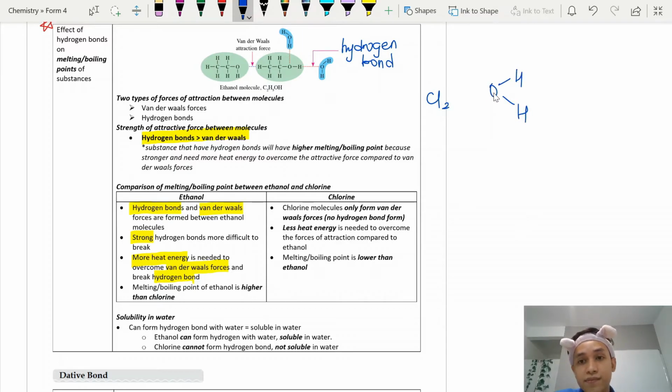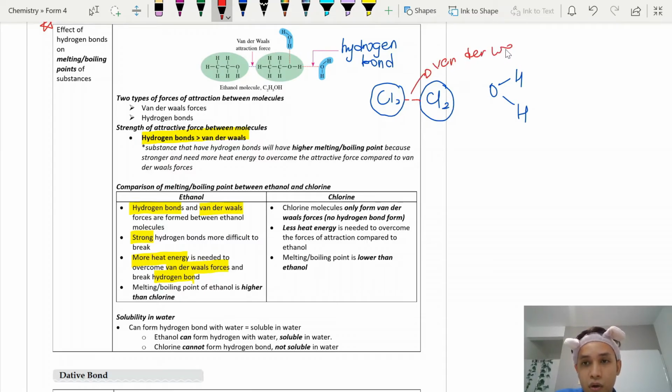Even if I have water, because they don't have the electronegative elements or even the hydrogen, they cannot form hydrogen bonds. So between chlorine molecules, for example, this is one molecule, this is one molecule, you are only going to have van der Waals forces. So less heat is needed, therefore their melting and boiling point will be lower.